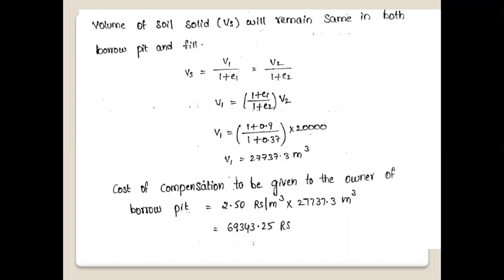Total volume is 27,737.3, so multiply 2.5 into 27,737.3. So total cost of compensation is 69,343.25 rupees. It is the cost of compensation to be given to the owner of the borrow pit.